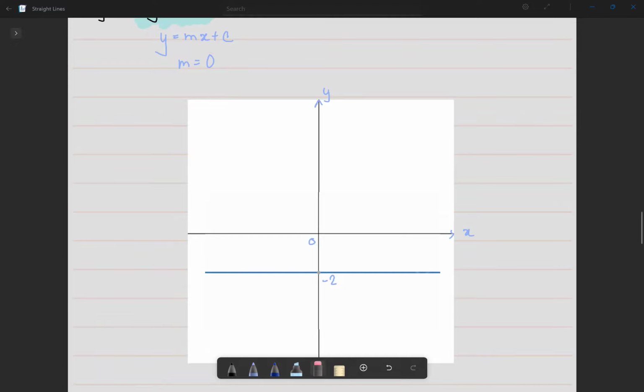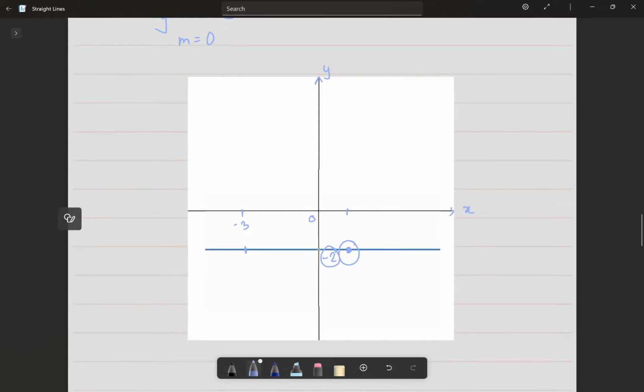At every point on this line, we can clearly see that our value of y stays at -2, but our values of x change. Let's say this is -3, then the value of y is -2. If we take 1, then also our value of y on this line is -2. Let's move to the next one.